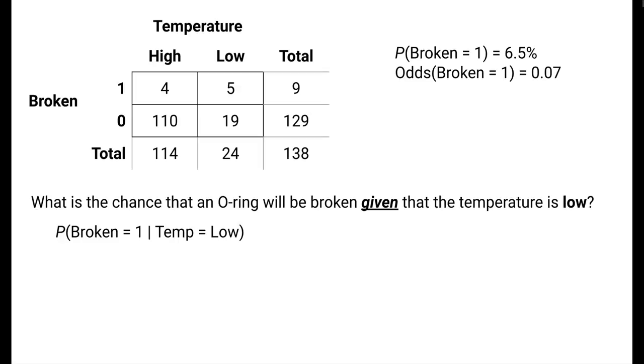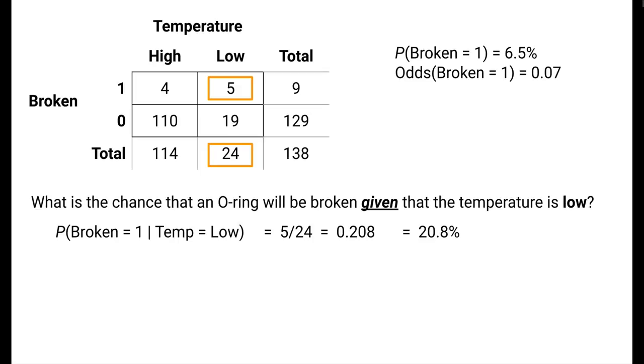So we can similarly ask about the conditional probability of an O-ring being broken given that the temperature is low. Here, the condition of temperature being low means that our estimate should look only at the 24 cases where the temperature was low. Of these 24 cases, there are 5 broken O-rings. So we estimate this conditional probability to be 5 out of 24, or 20.8%.